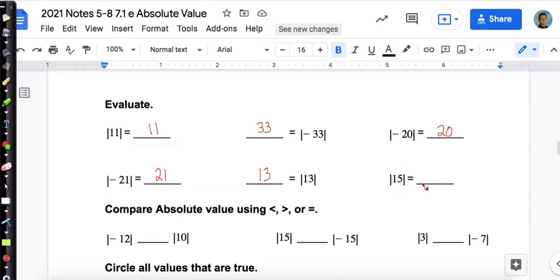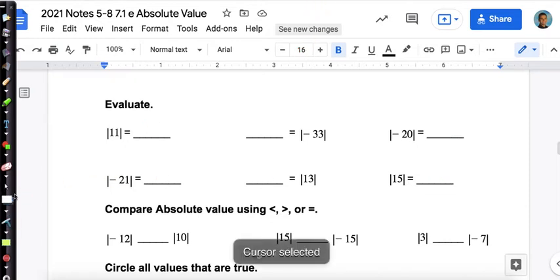And finally, the absolute value of 15 is 15 because it's 15 spaces away from 0. So notice all these answers were positive because distance is always positive, and there wasn't a negative outside of the absolute value symbol like there was in one of the previous examples above.